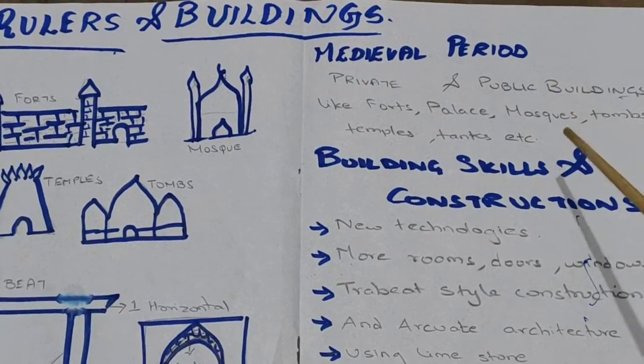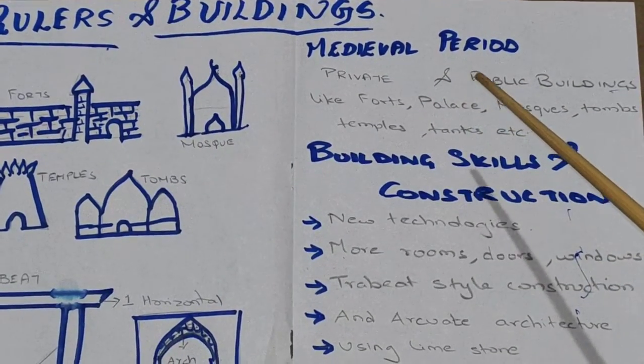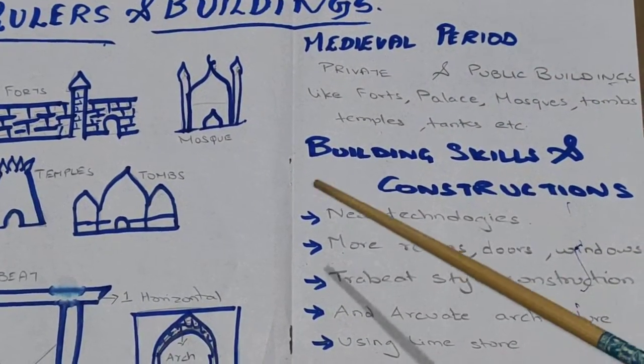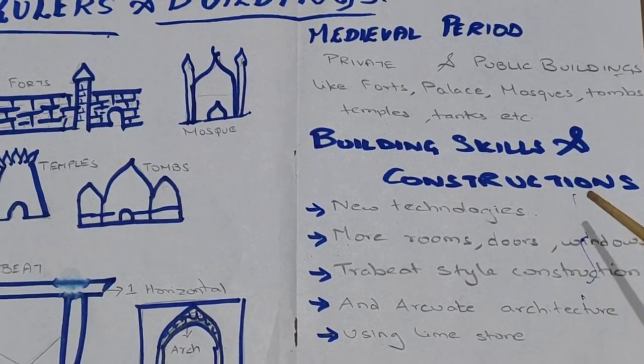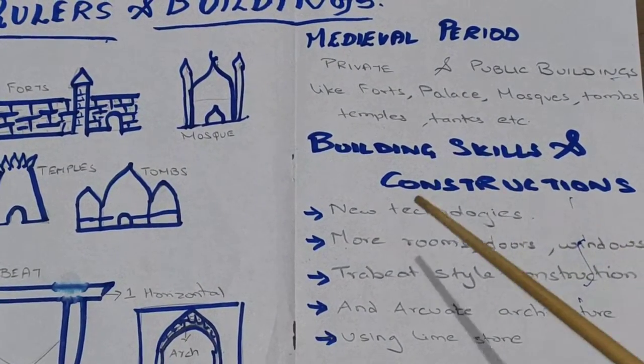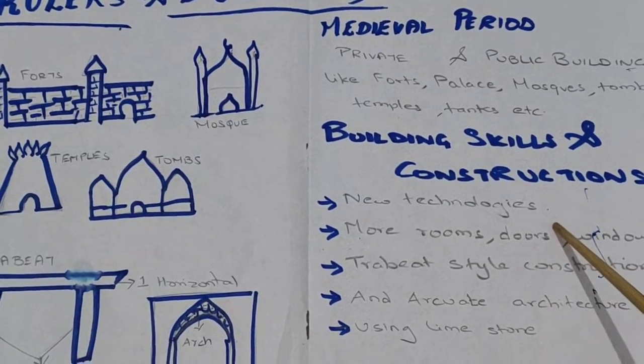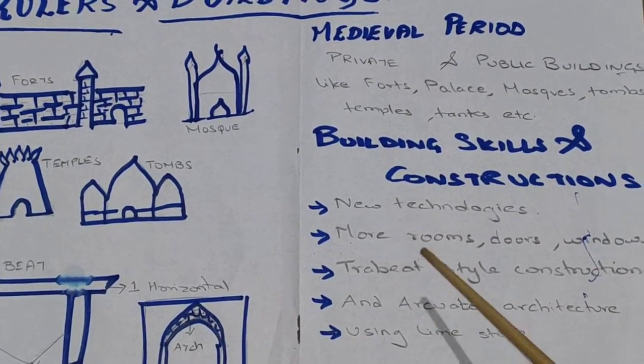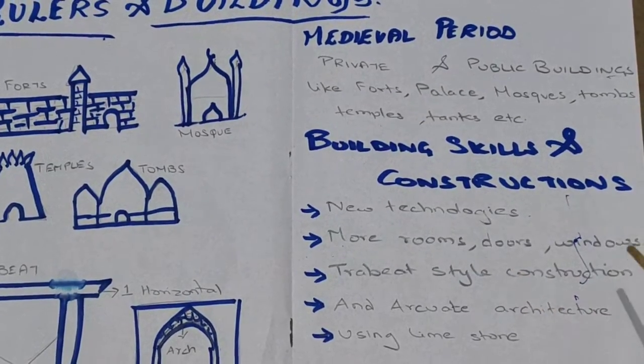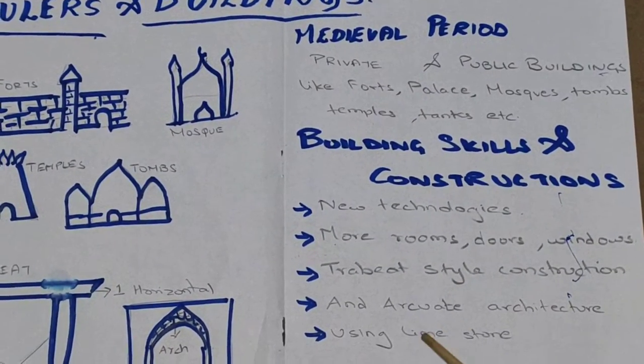These constructions happened during the medieval period, and the building skills followed a very new technology. They added more rooms, doors and windows to the buildings.